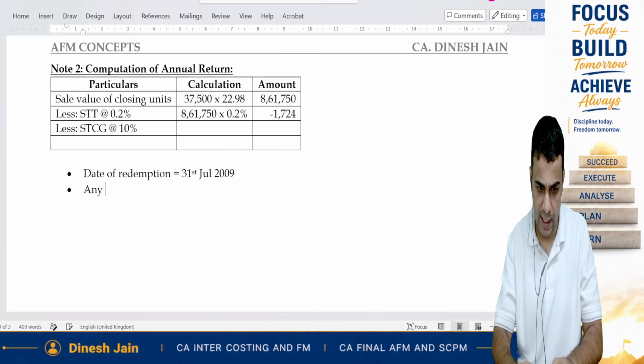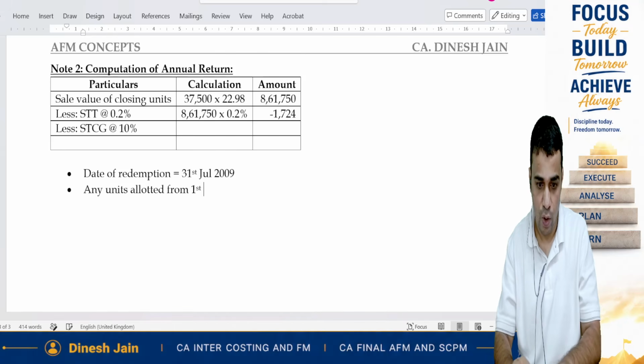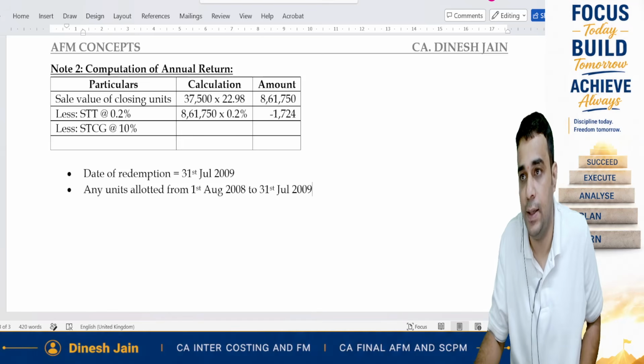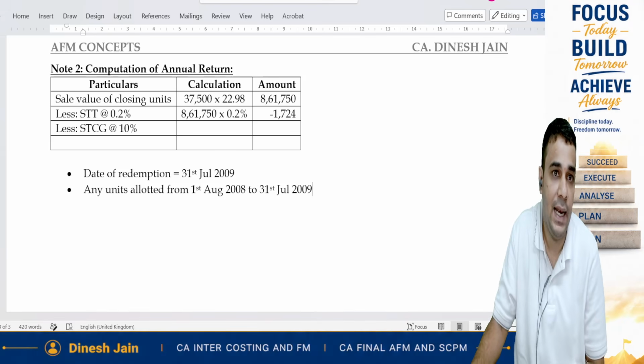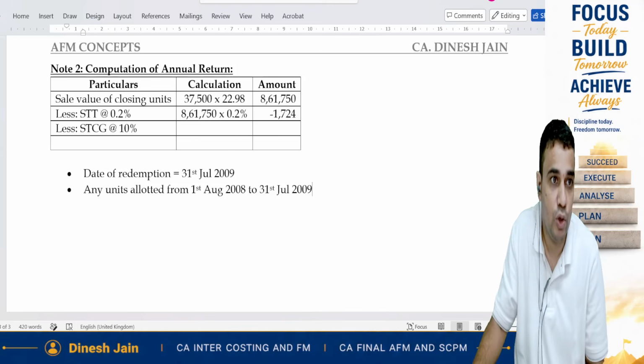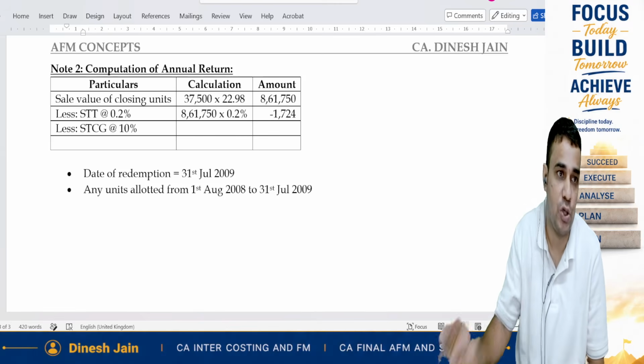2009. Listen. Any units allotted from 1st August 2008 to 31st July 2009 will have a holding period of less than 1 year, and on this I have to pay short term capital gain.